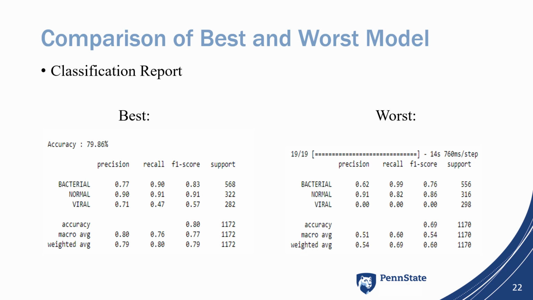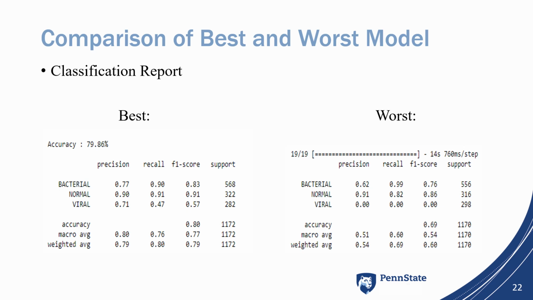The precision for the normal class is way higher than both pneumonia classes, meaning that the model can classify normal images pretty well, but when classifying both pneumonia classes, the model still struggles to differentiate them. The performance is also reflected in the F1 score. For the normal class, the model did a good job with a 91% score and did poorly when classifying both pneumonia classes.